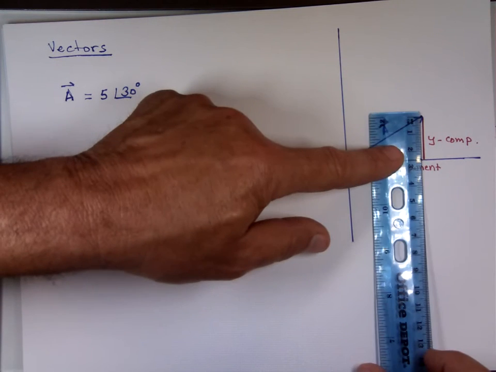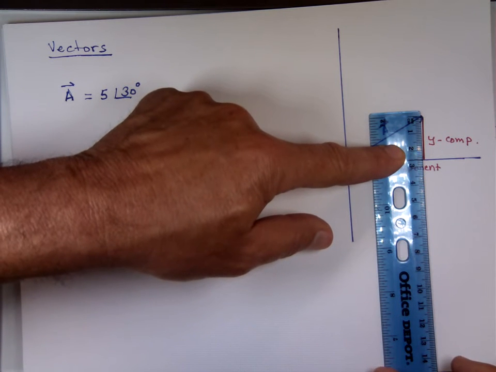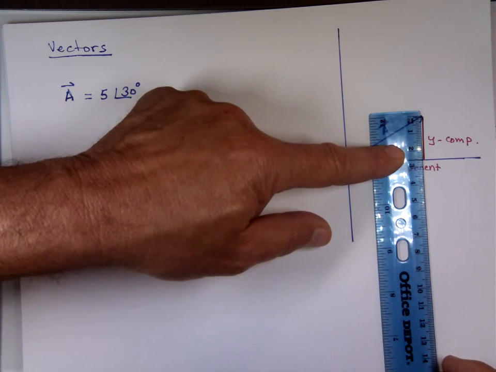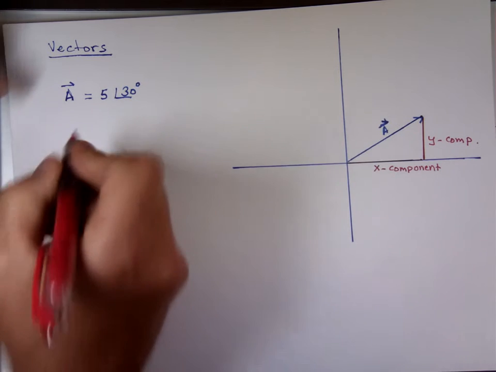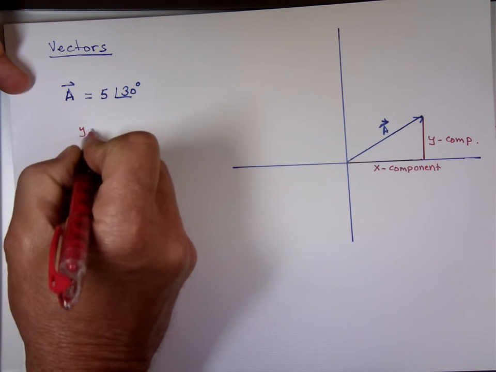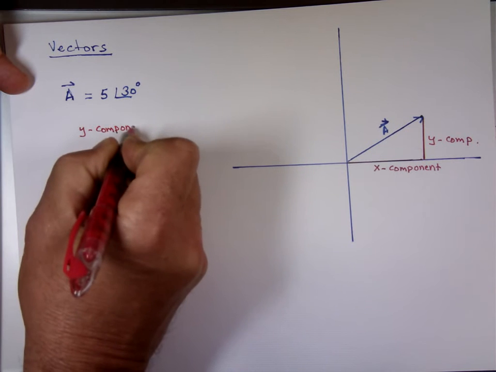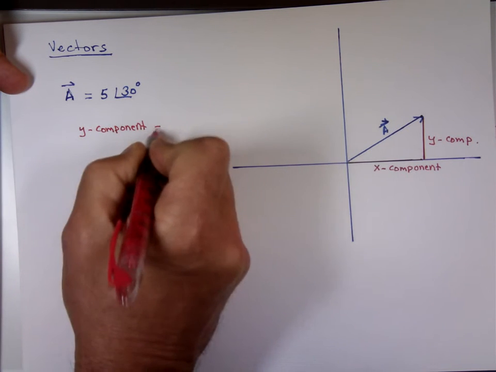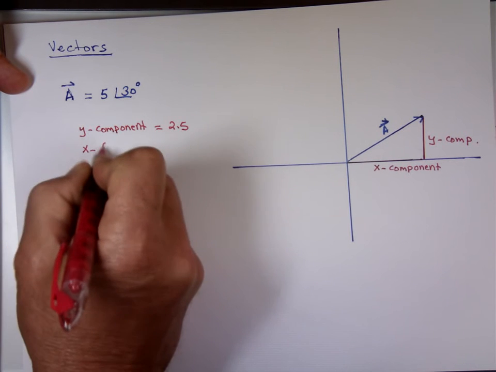And what about this one? This one looks like 2.5. See it? So you measure the length of that. It looks like 2.5 in the y direction. So the y component is equal to 2.5. And the x component, let's remeasure that again.